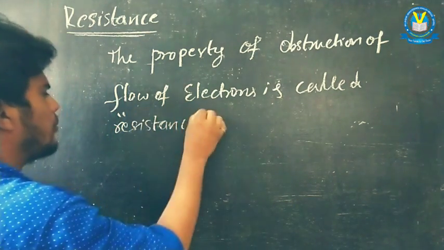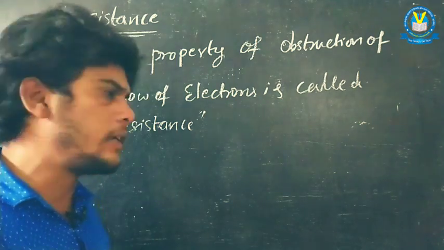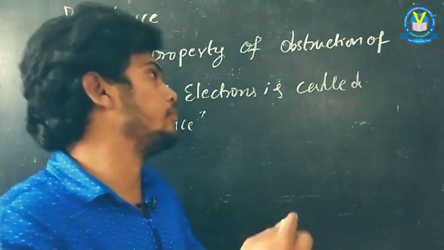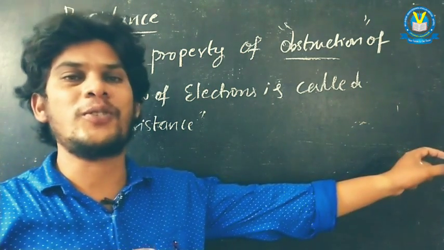So resistance means the property, the character. What is that character? What is that property? Obstruction of flow of electrons through the conductor.